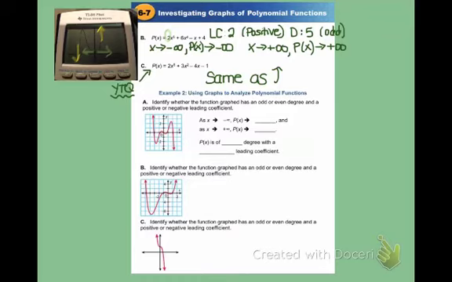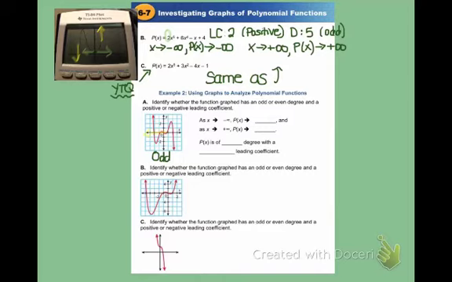Okay, so let's take a look at this graph. Right away, I hope you can tell that this graph is an odd function. You can see the ends are going in opposite directions, so this is going to be an odd function. It wants to know, is it odd or even? So it's odd. And as x is approaching negative infinity, going this way, away from the y-axis, you can see that the graph is increasing.